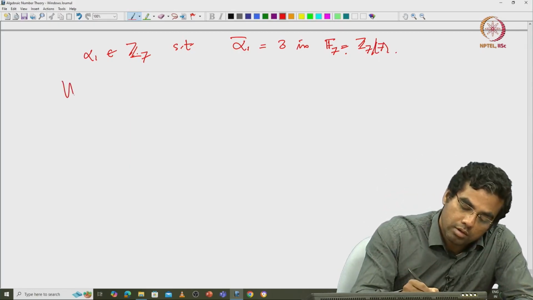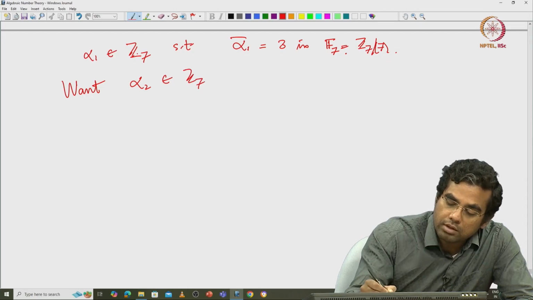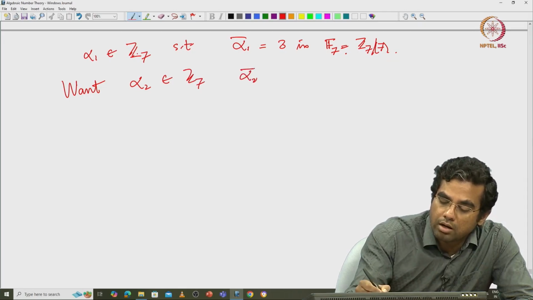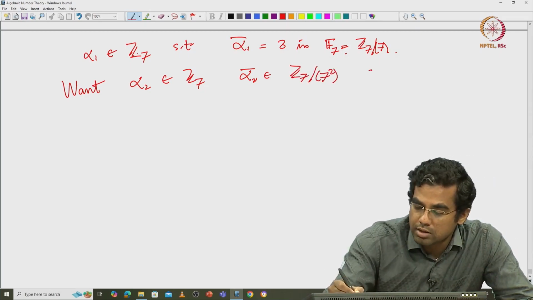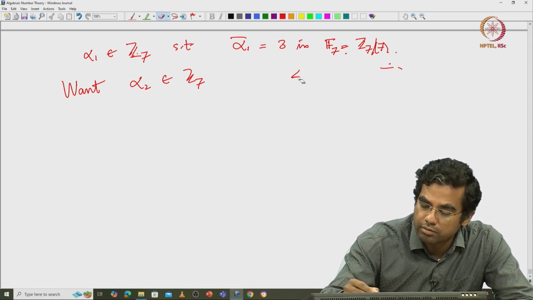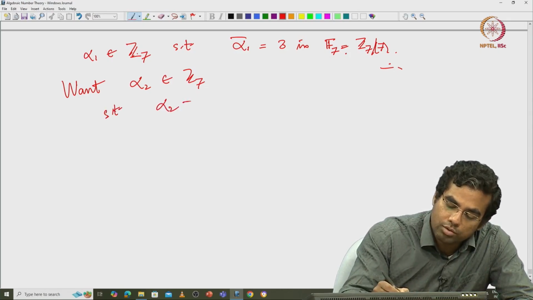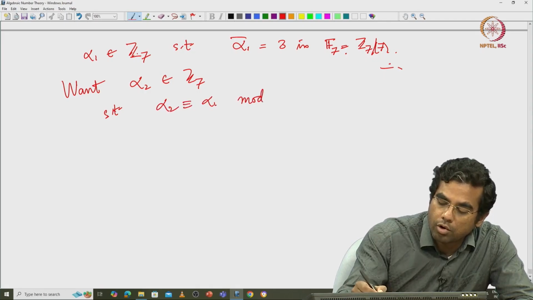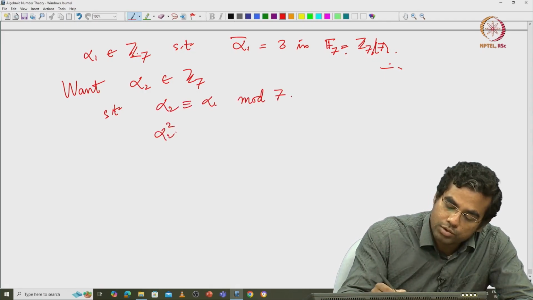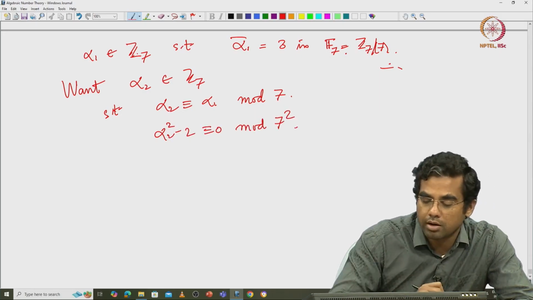Now, I want alpha 2 in Z_7 such that, let me not write it in terms of bars because that would be confusing, such that alpha 2 is congruent to alpha 1 mod 7 and alpha 2 squared minus 2 is congruent to 0 mod 7 squared. So, that is what I want.